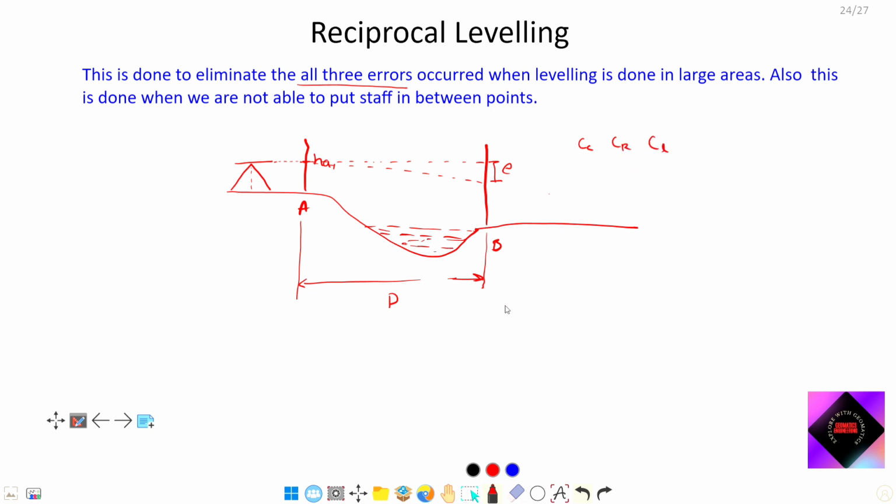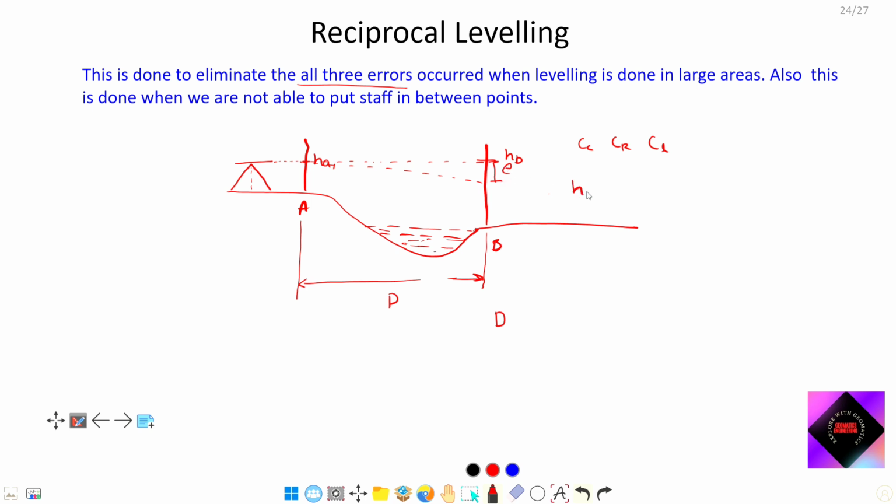All these errors depend upon the distance, and we are having a wide distance between point A and B because of the wide river. So this error comes here. So our reading is HB1 and this error is E.